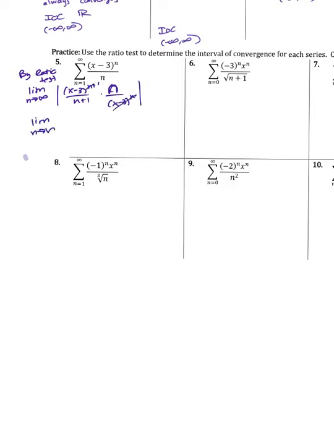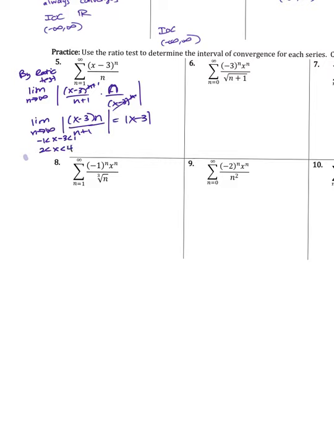The limit as n approaches infinity of the absolute value of x minus 3 times n over n plus 1. Well, the limit that's happening with the n's is going to be 1, so that's going to just leave us with the absolute value of x minus 3, which we need to be less than 1. So negative 1 is less than x minus 3 is less than 1. Add 3 everywhere, and we have our interval.